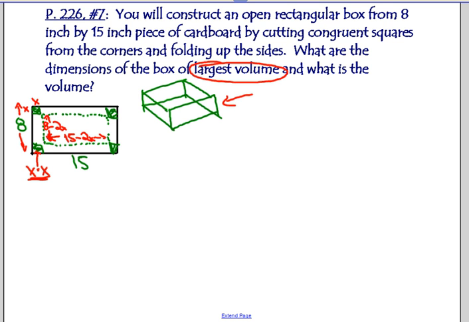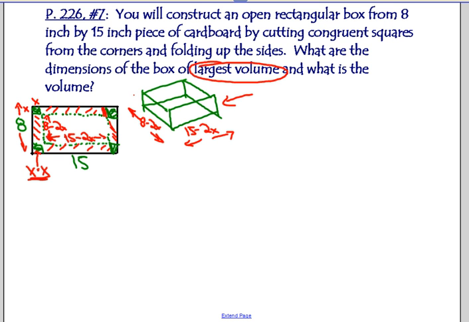If you want to label that in the box over here, this is our 15 minus 2x. This is our 8 minus 2x, going this way. So what is the height of our box? Well, you folded these sides up, and the height, guys, is right there.